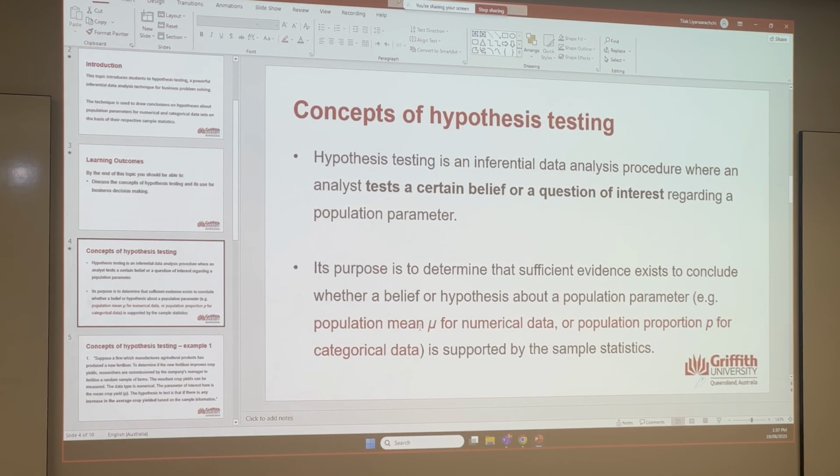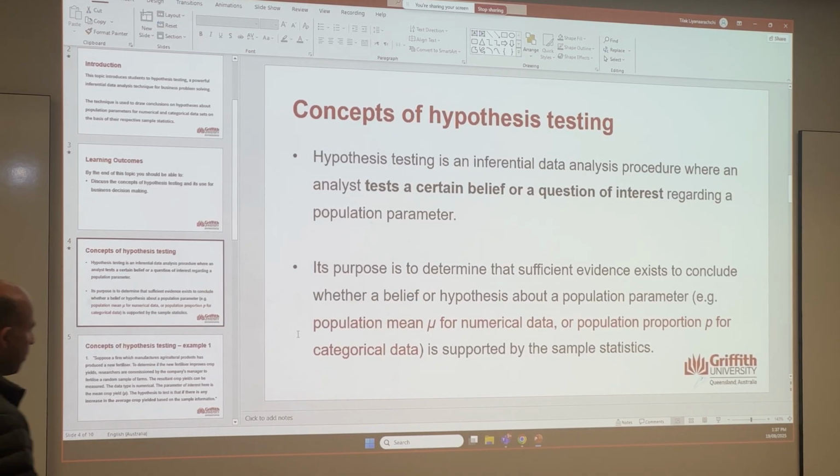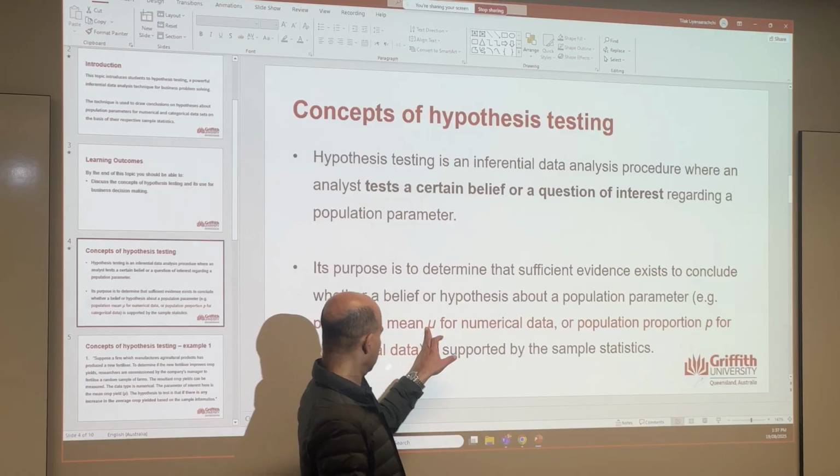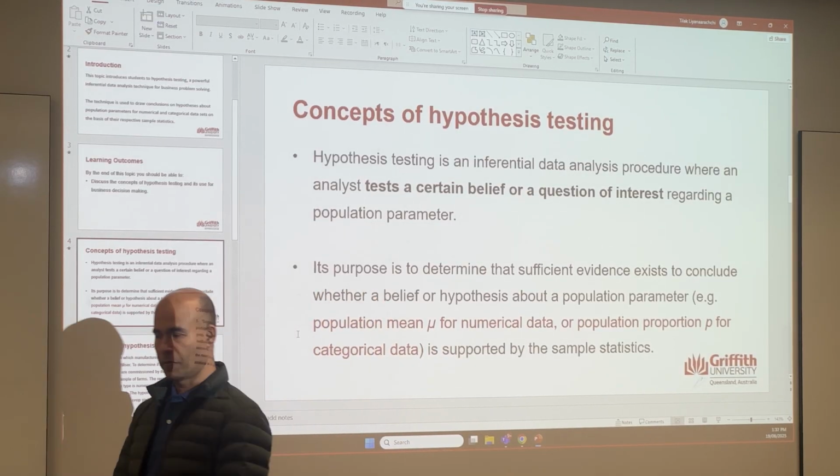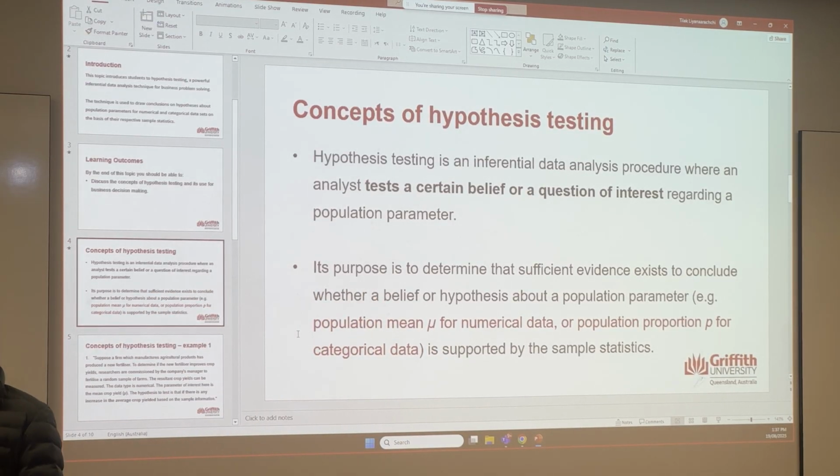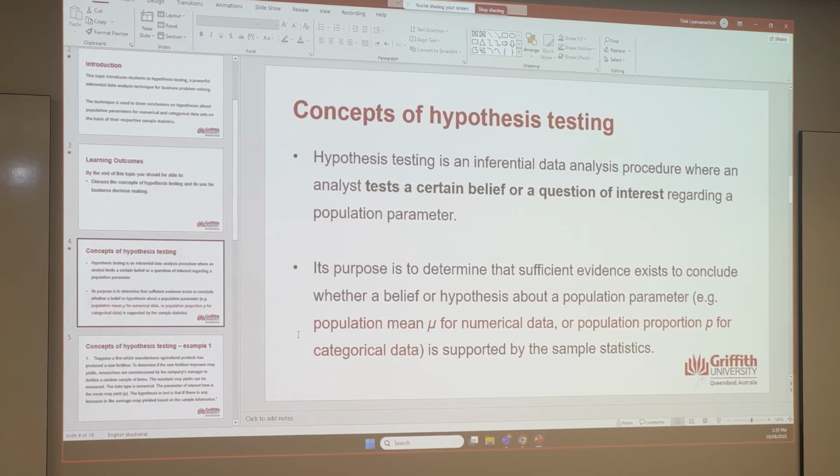Now, let's take an example about population mean. Say Griffith College students, that's a population, right? So something about the mean of them. Suppose that Griffith College students' mean age is 25 years. That is a statement, right? Mean age is 25 years.